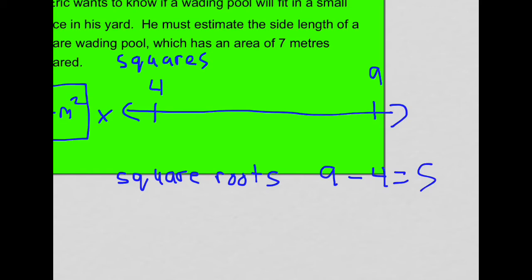Now to figure out the midpoint, I'm going to do 5 divided by 2 equals 2.5, which means if I add 2.5 onto 4, I'm going to say that the midpoint of 4 and 9 is 6.5. So that means if I was going to place 7 on this number line, 7 would go right about here. So I'm going to place 7 on that number line.